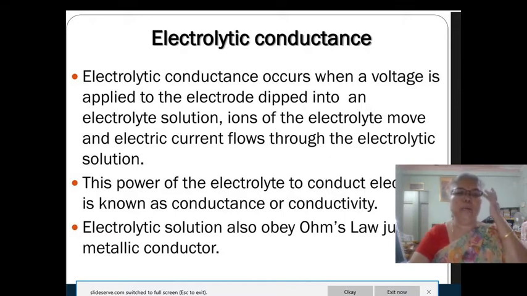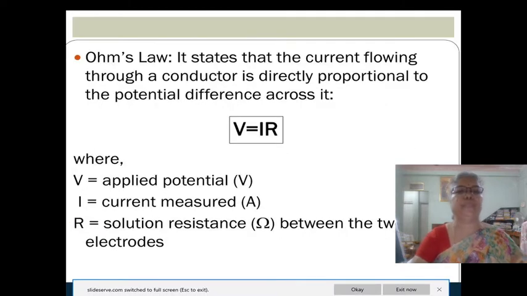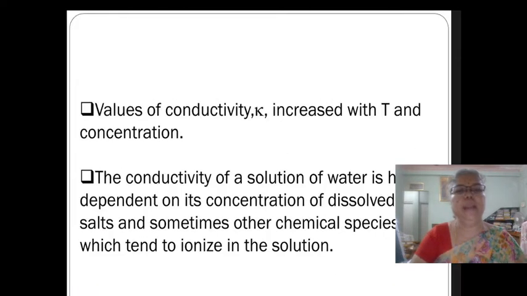This power of the electrolyte to conduct electricity is known as conductance or conductivity. An electrolytic solution also obeys Ohm's law. The value of conductivity increases with temperature and concentration.